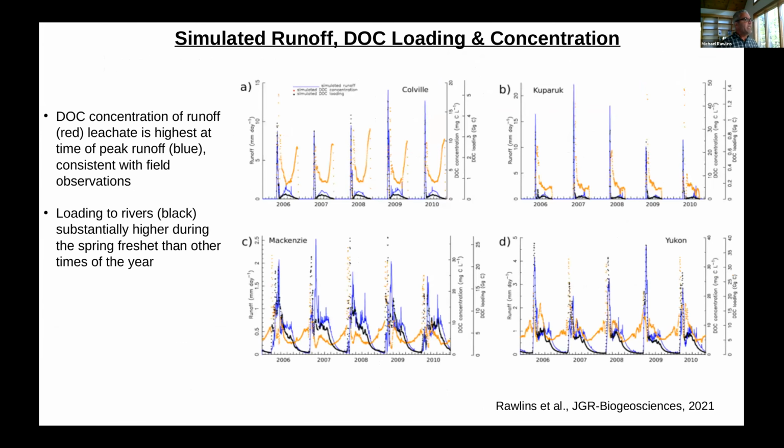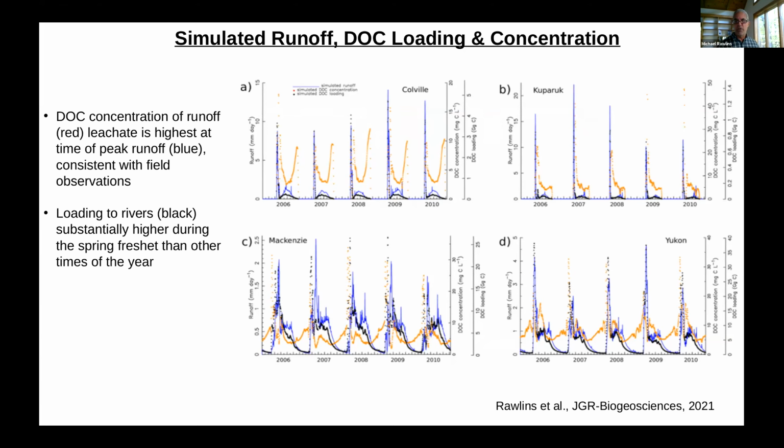Then looking at simulated runoff DOC loading and concentration for 4 focus basins at a daily time step. So these traces here are at a daily time step. And what we can see here is in the red, the DOC concentration in the runoff, as you can see here, it is highest in the Colville, the Kuparuk, and for the Colville and the Kuparuk, the highest DOC concentrations occur very close to the time of peak runoff.